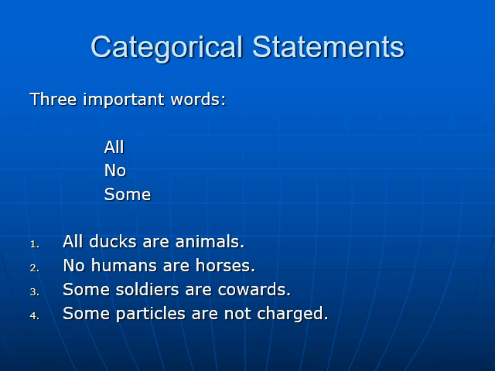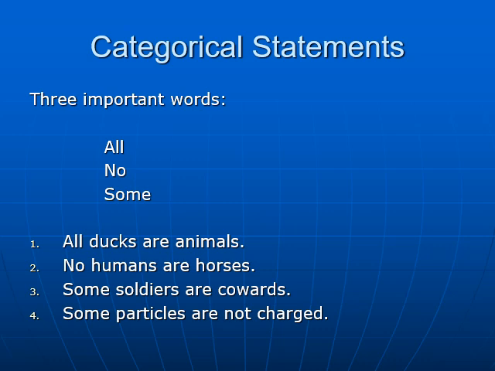And there's an example of each of the things that you can do with these three important words. First, you can say something about all of a member of a class and say they're related to some other class. Second, you can say something about no members of a class or category, like no humans are horses. You can say something about some of the members of a class.